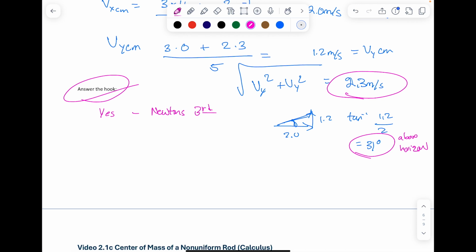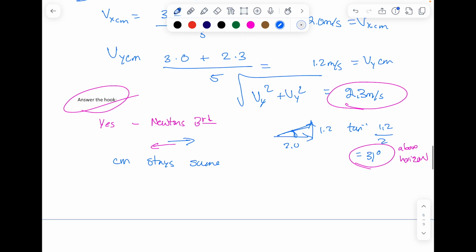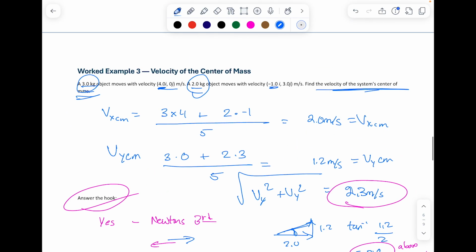And so as the person walks this way, the boat is going to move this way. But what's not going to change, this is the big why question, is the center of mass. It stays the same, but in order for it to stay the same, the velocity is going to have to adjust.